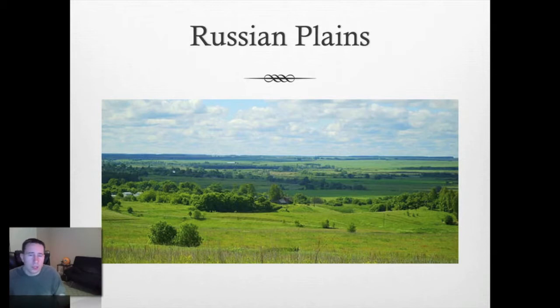The Russian plains have very fertile soil and little rolling hills here and there, which you'll see in that picture. This is where you're going to find most of your lush vegetation. This is where you're going to find most of the population of Russia, and this is probably the most livable area of Russia as well.